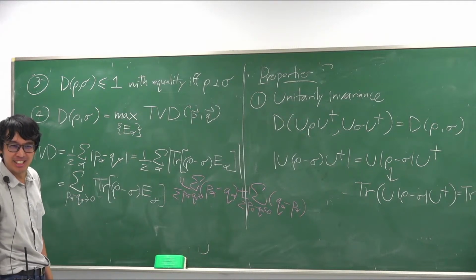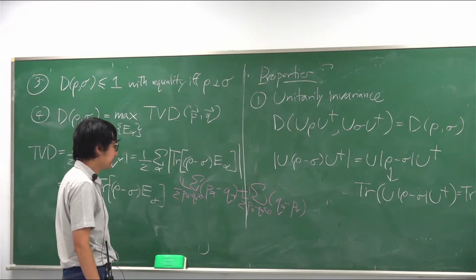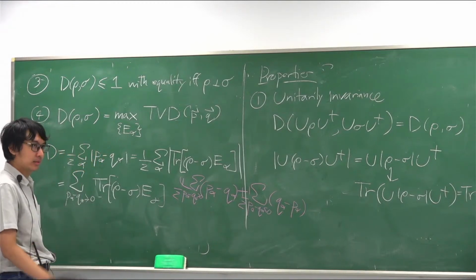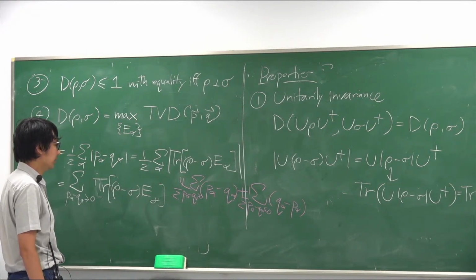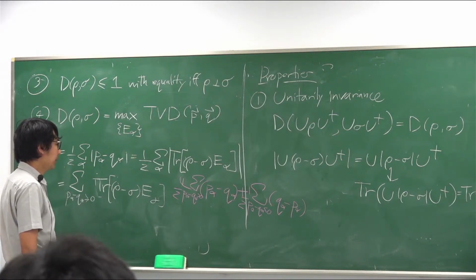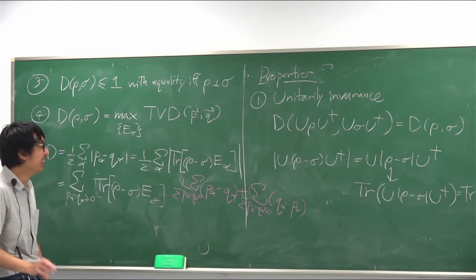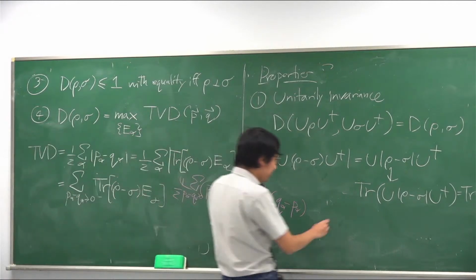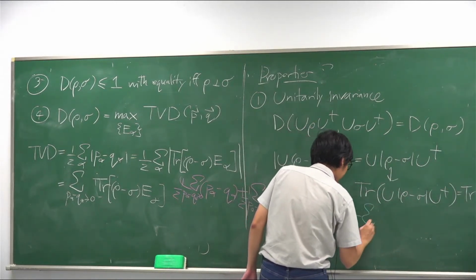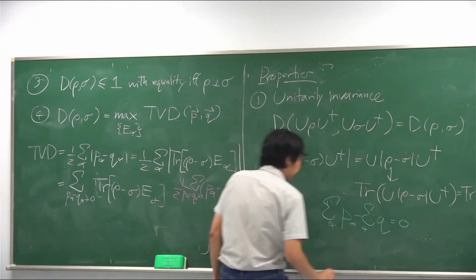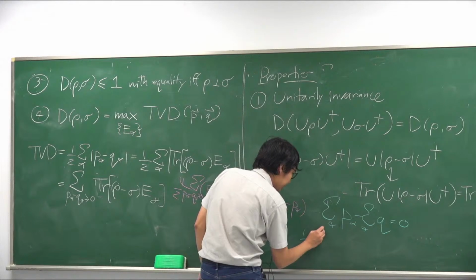So the sum of p alpha minus q alpha over all alpha is 0, and then you split into two terms and move one to the other side. And then I can put 1/2, maybe.